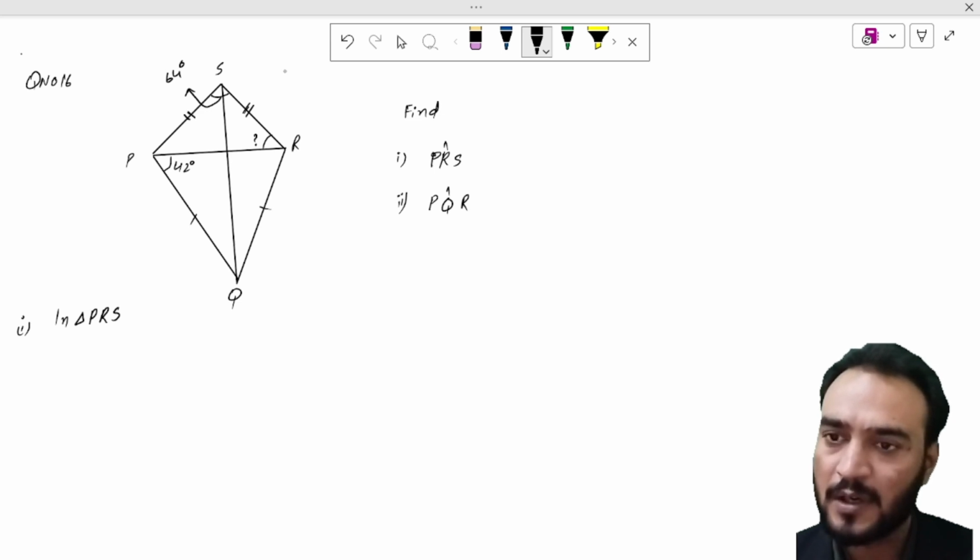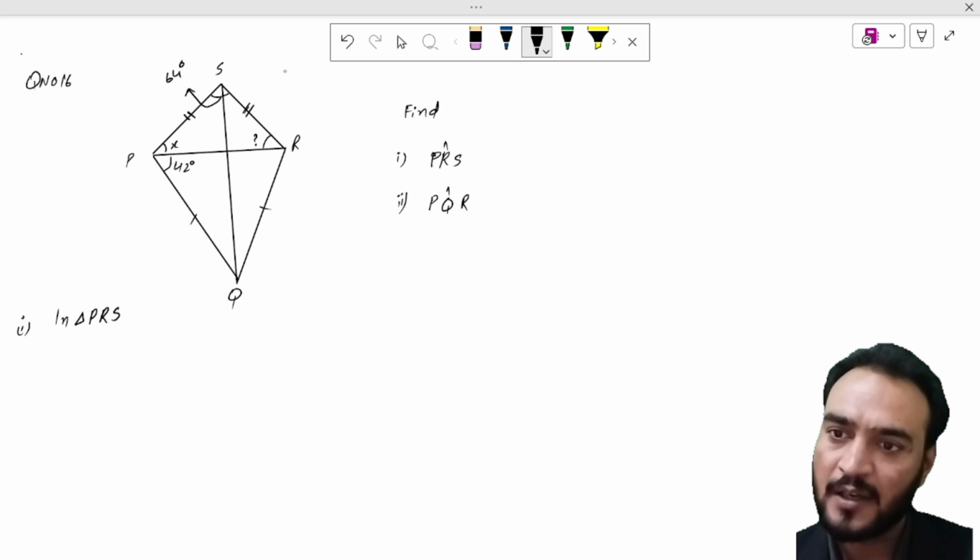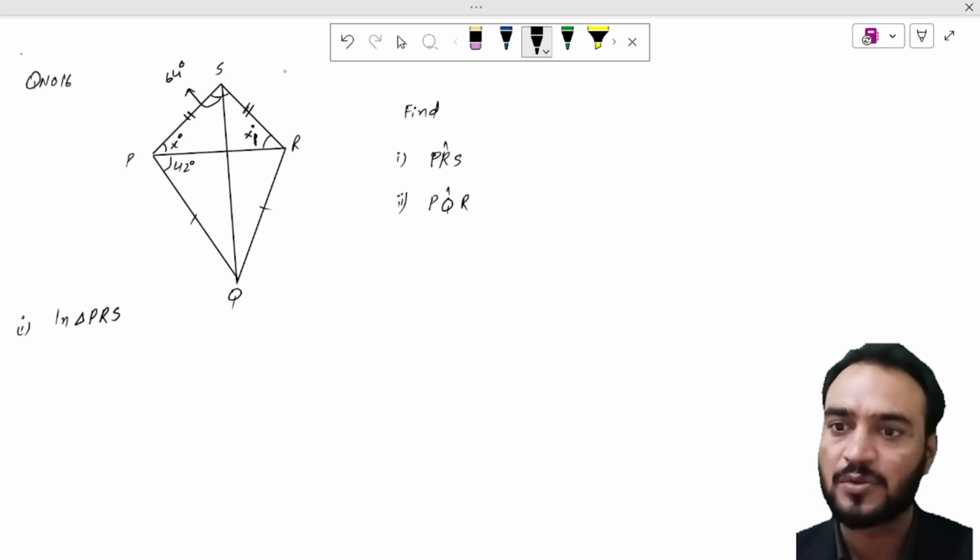So angles opposite to the equal sides are equal. So this angle is also equal to the angle at point R. Let us consider this angle equal to x degrees. So this angle at point P also becomes equal to x degrees.